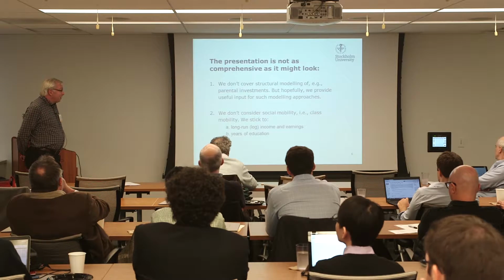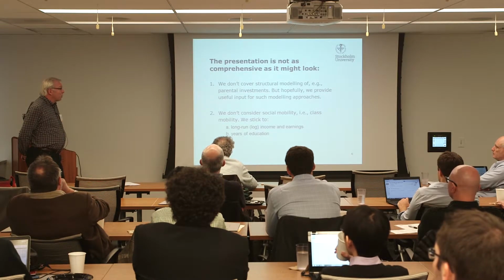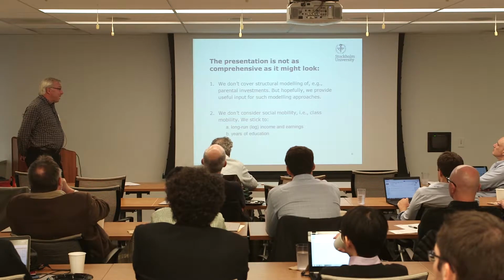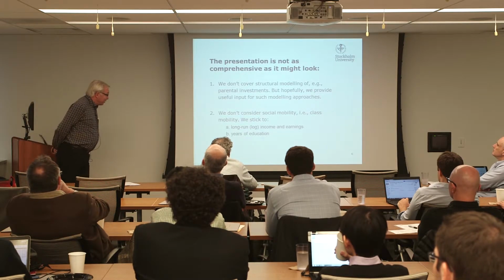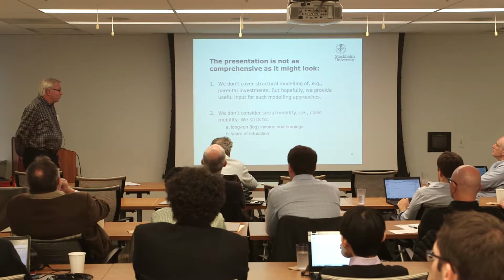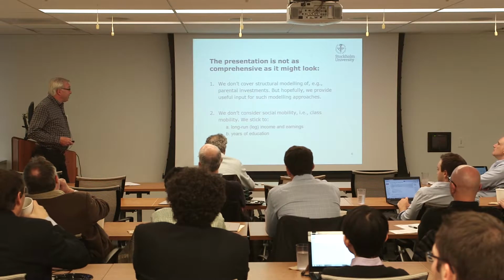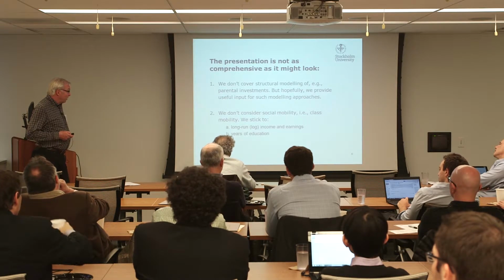And here I also say something maybe slightly provocative, that we don't consider social mobility, which I think is class mobility. So here we stick to long-run income and earnings, and also years of education. So that's the variables that we use to illustrate these four approaches.